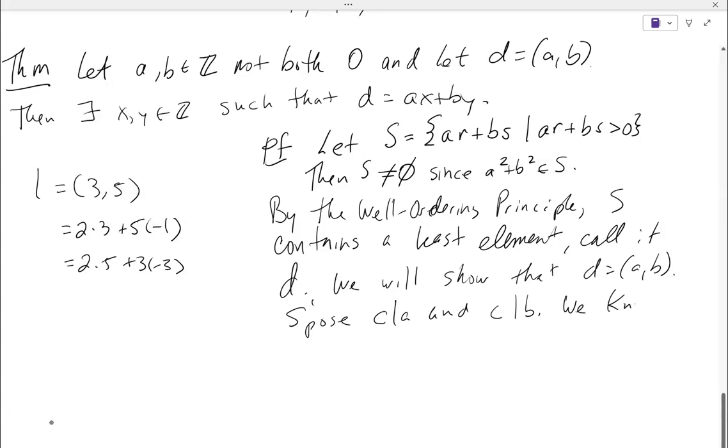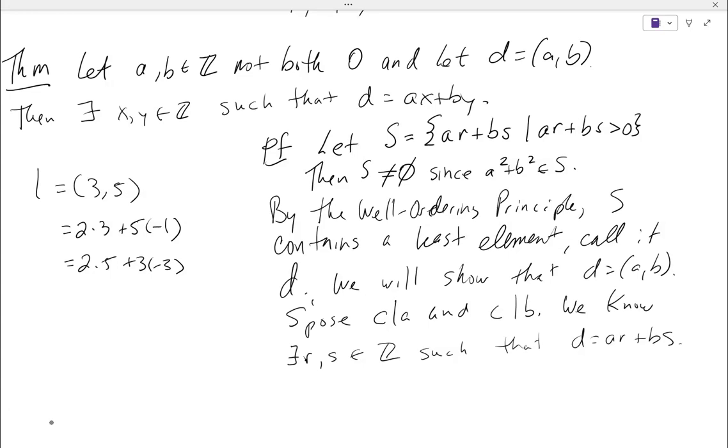So we know there exist integers R and S such that D equals AR plus BS, right? That's how we created D. It was the smallest element in that set of linear combinations. Oh, because D is the sum of A and B. Yeah, D is a linear combination of A and B.